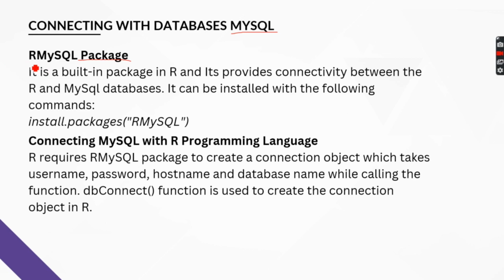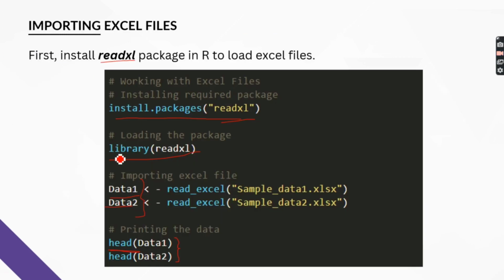Here we want to install the RMySQL package. That is a very small package, and what it does is provide connectivity between R and MySQL databases. For other databases, you might have other packages as well. So you can install it using install.packages and inside quotations RMySQL, and your package will be installed. And what else do you need to do? You need to use the library function to load the package in your R GUI.